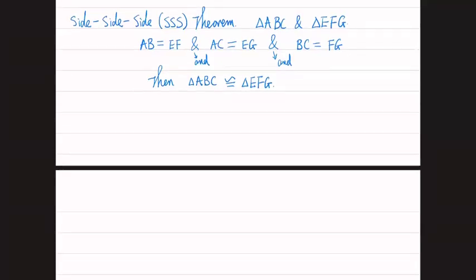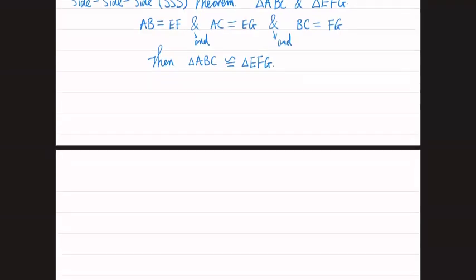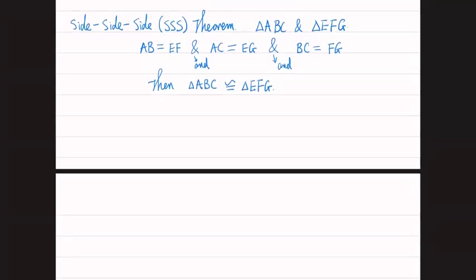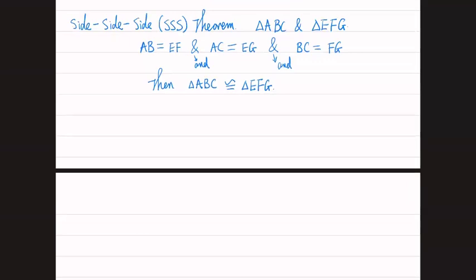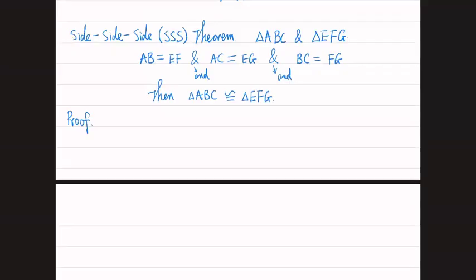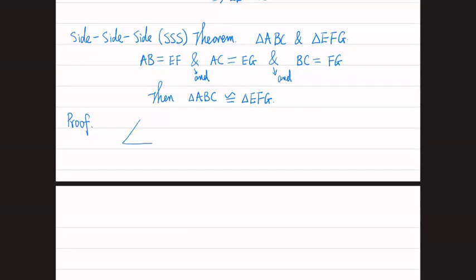Okay, let's try. We will place the two triangles next to each other. Because these two sides have the same length, we put them next to each other. So initially it's this.